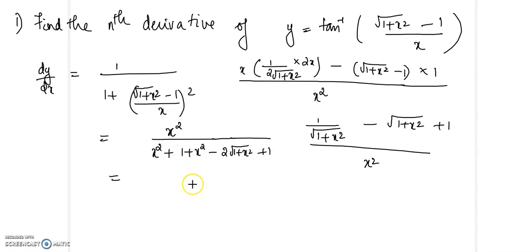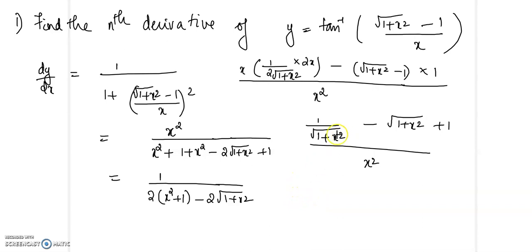So x square will cancel off. So here you will get 1 by 2 x square plus 1 minus 2 root of 1 plus x square, and here x square cancels out, with the common denominator.